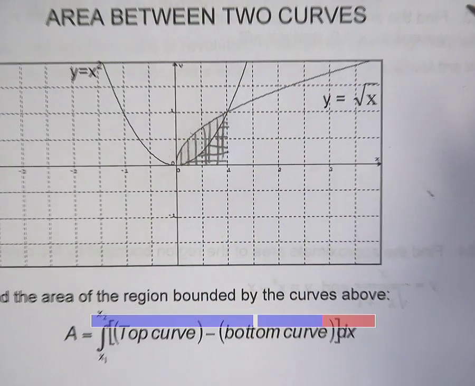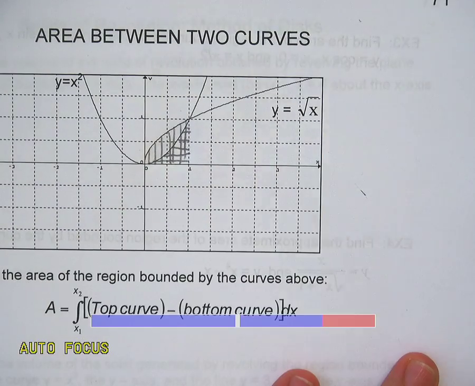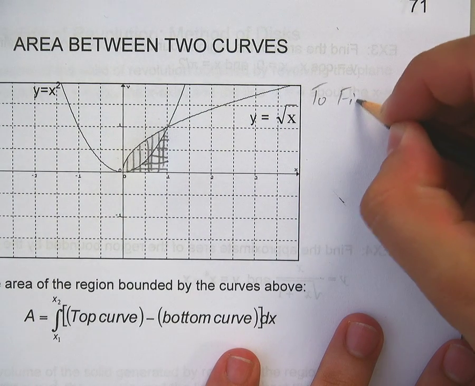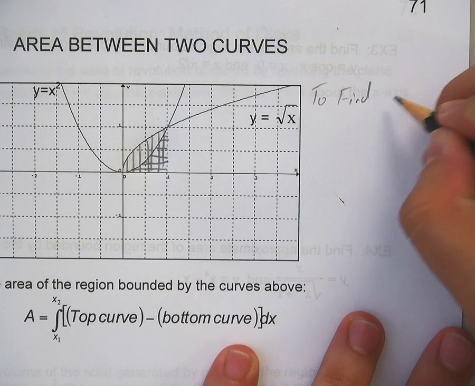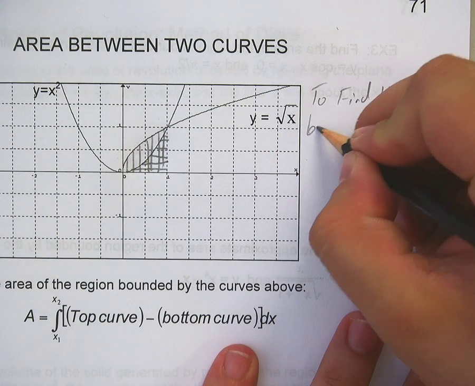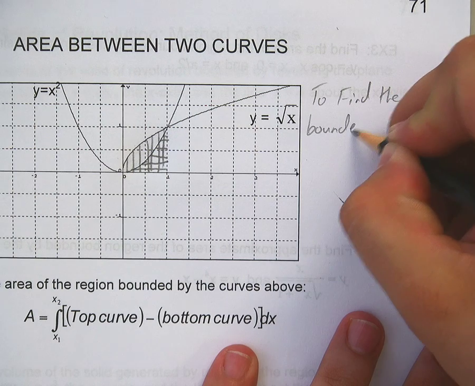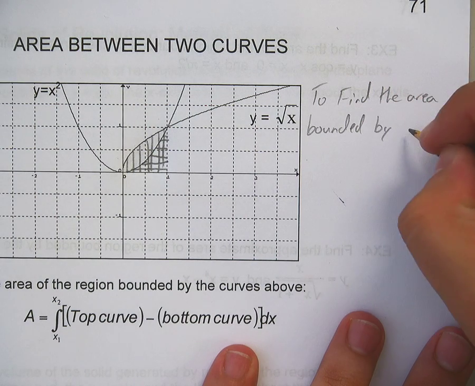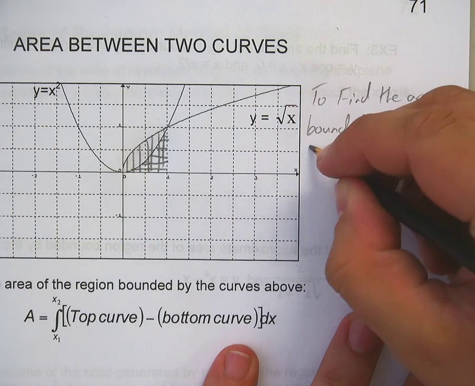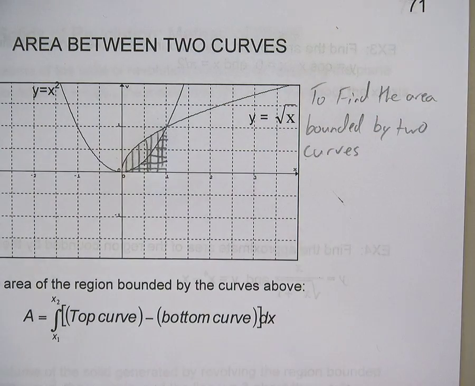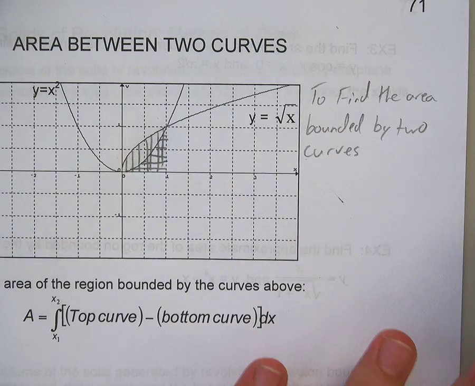So over to the side of this graph, I'd like you to take a note really quick, and that is to find the area bounded between two curves, or bounded by two curves. Now this can be more than two curves, which we can get into later, but for right now it's just two.